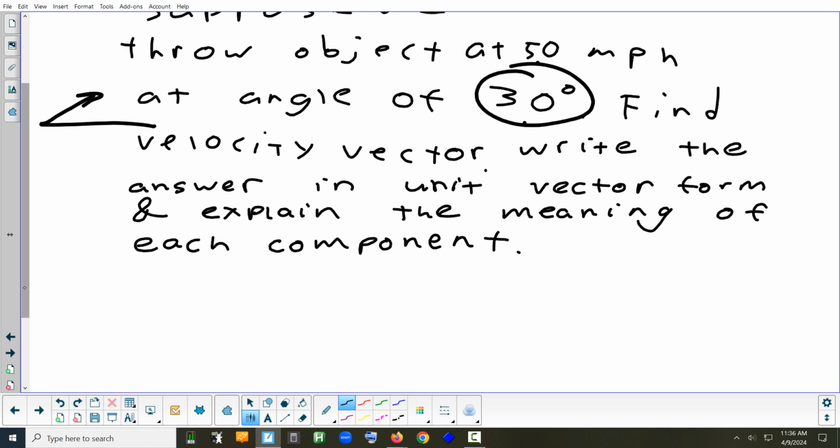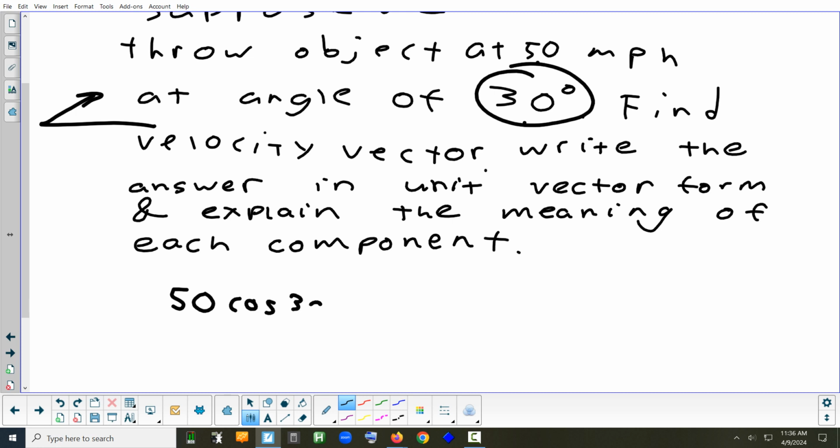And can you fill in the numbers from our problem? We need a number though for that. Yep. Would the magnitude of the vector be 50, and then we'd have cosine 30?